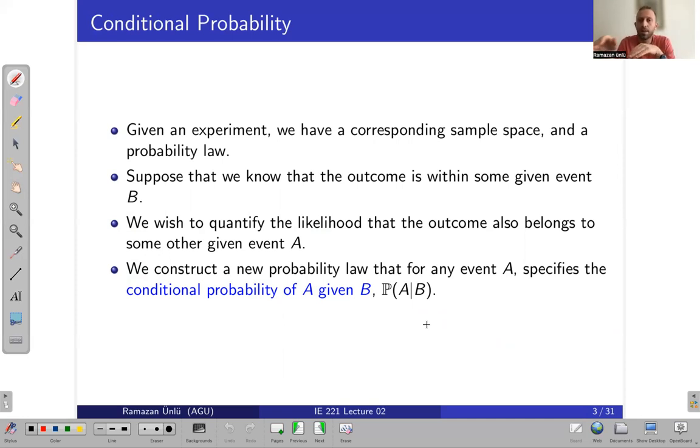And we wish to quantify the likelihood, the probability, that the outcome also belongs to some other given event A. So the given information is B, and we want to calculate the probability of A. In this case, we construct a new probability law that for any event A specifies the conditional probability of A given B, and we denote it by P(A|B). So this is the conditional probability.